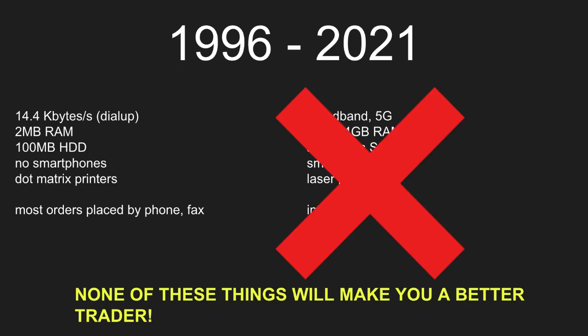Why? Because it will still be yourself placing the trades. No matter how fast your connection is, no matter how fast your smartphone is, it will still be yourself placing the orders. So changes and evolution in technology don't make you a better trader.